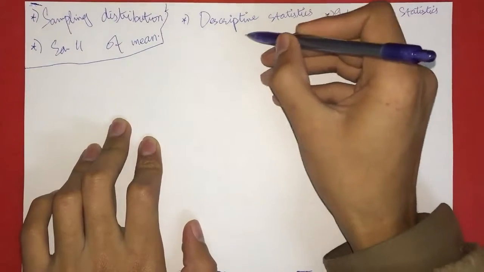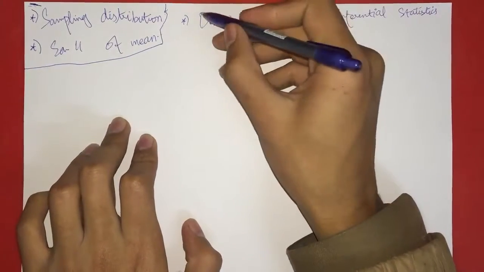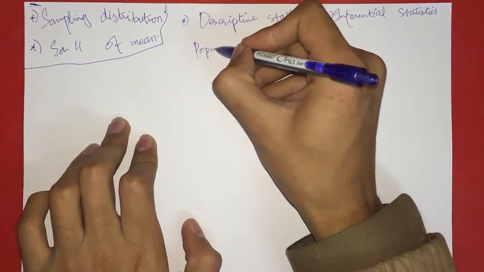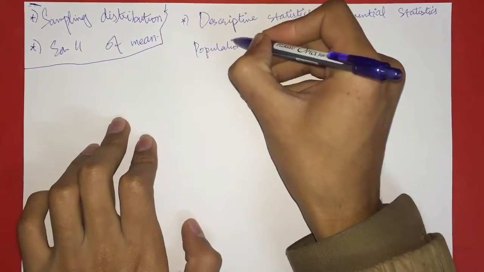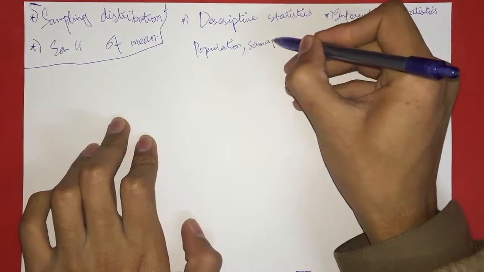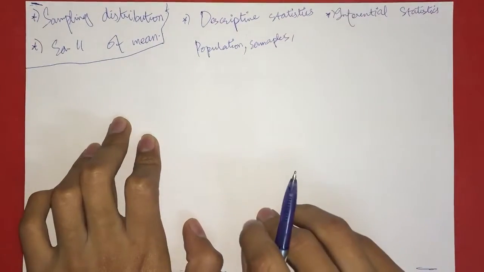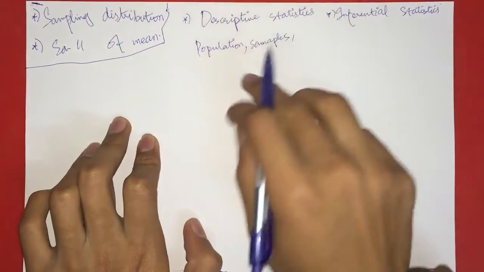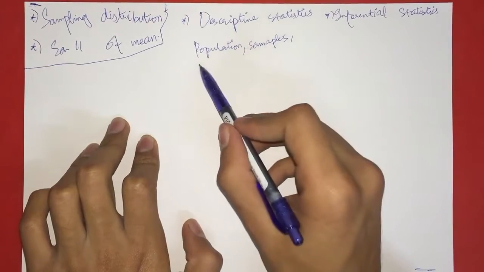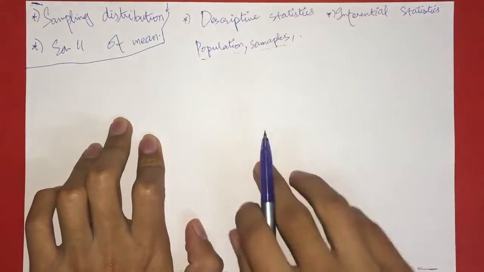In descriptive statistics, you have all the data about your population, your sample space, your samples, and you just make graphs and illustrations based on the information you get from the data you have of the population, sample space, etc.